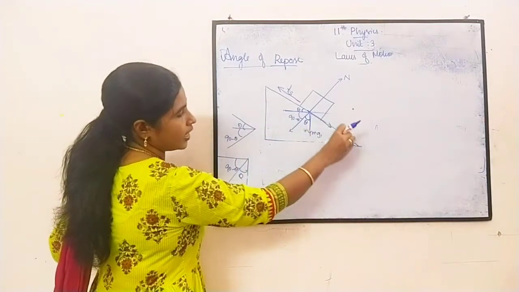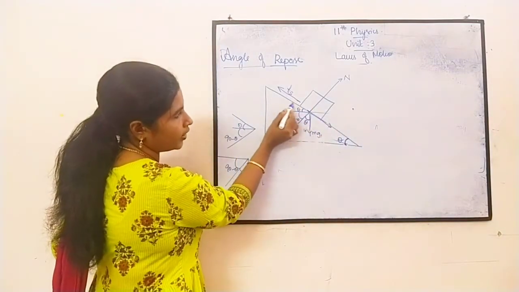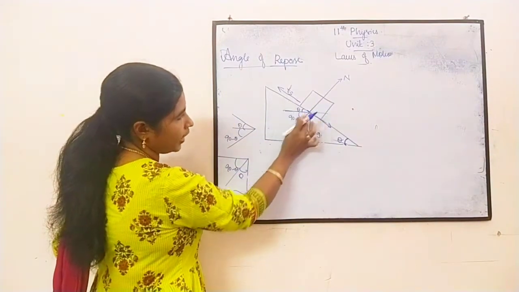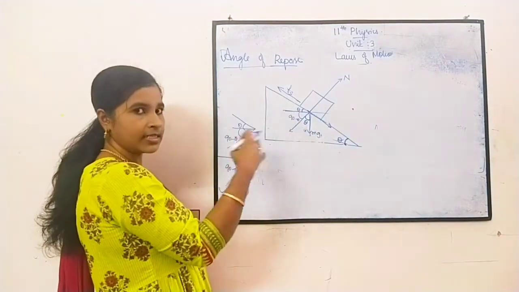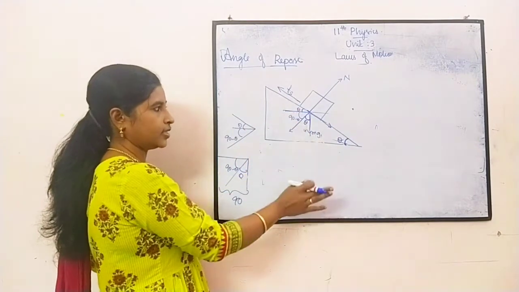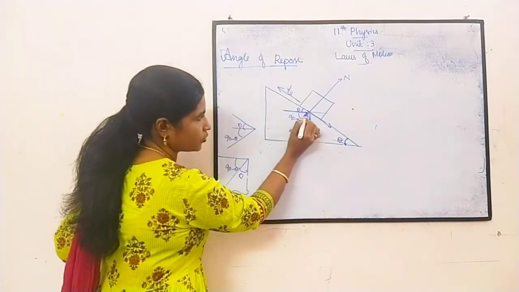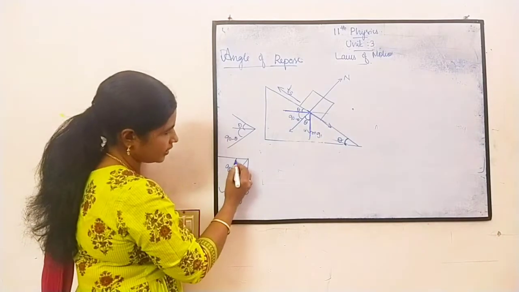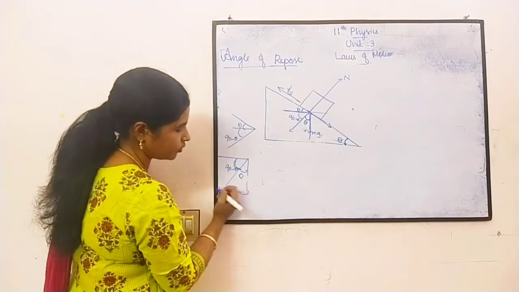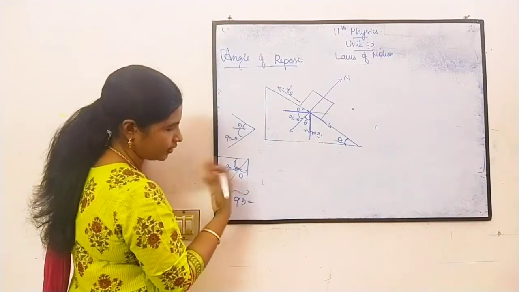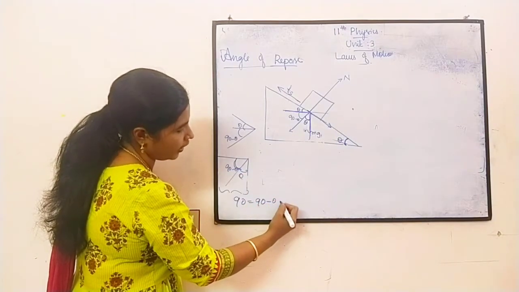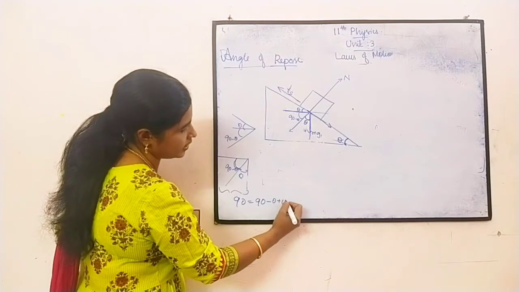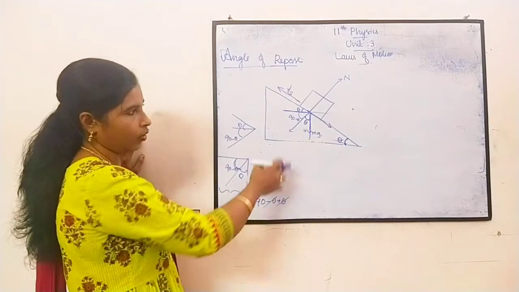If this angle is theta, taking the total as 90, the remaining is 90 minus theta. Similarly, for this one, we already know this is 90 minus theta and the total is 90, so a plus theta must come, and that is this theta.